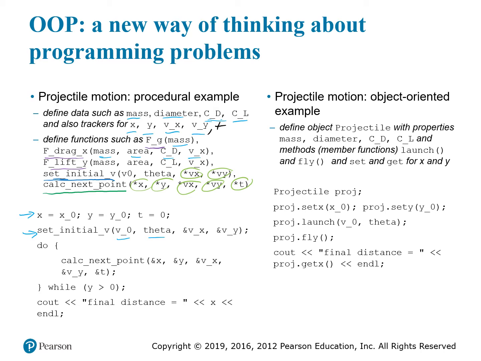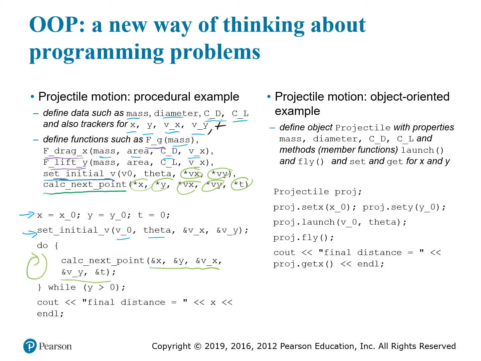And then we go into a do while loop. We'll calculate the next point, get the thing off the ground, and get it flying. At each point, we're going to have a new velocity, a new position, and a new time. So all of those have to be passed as references.